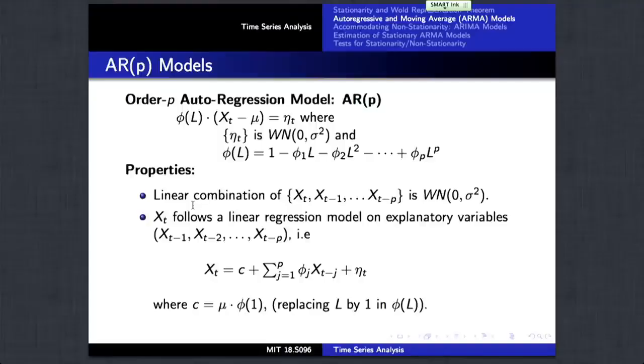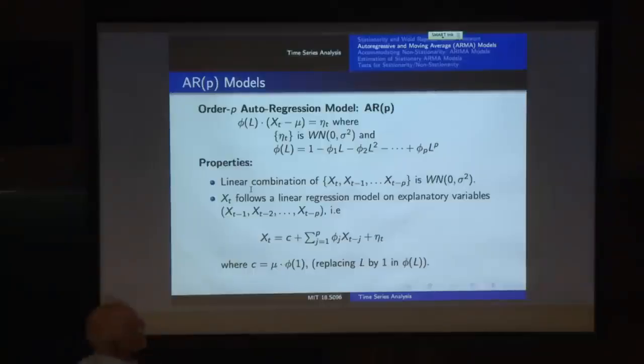And so we have phi of L times (xt minus mu) is equal to eta t, which is white noise. So a linear combination of the series is white noise. And xt follows then a linear regression model on explanatory variables, which are lags of the process x.